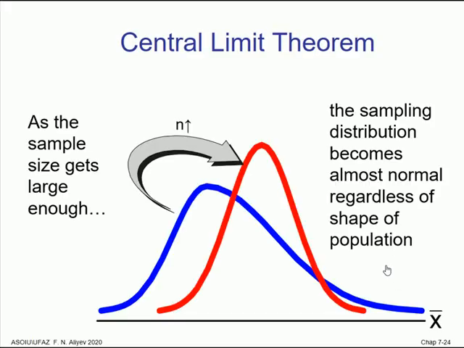The central limit theorem says to us that as the sample size gets large enough, the sampling distribution becomes almost normal regardless of the shape of the population. The central limit theorem said that if you increase the sample size, then after some sample size, the distribution of sample mean gets close to a normal distribution.